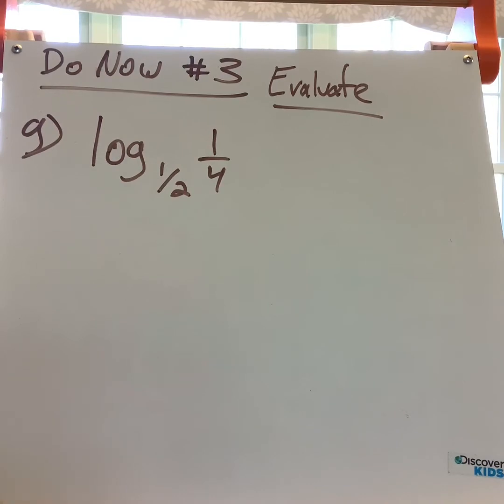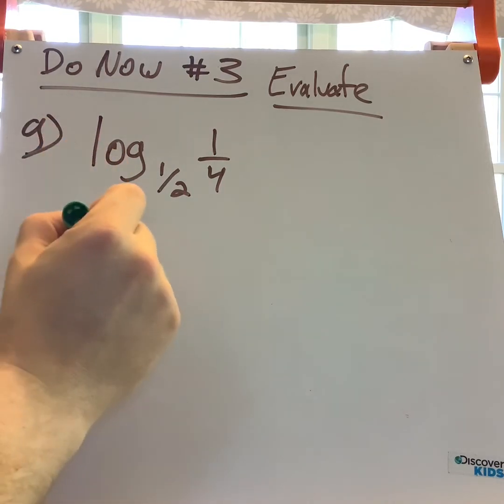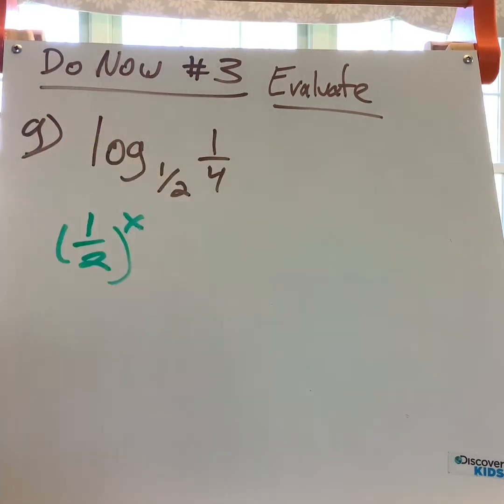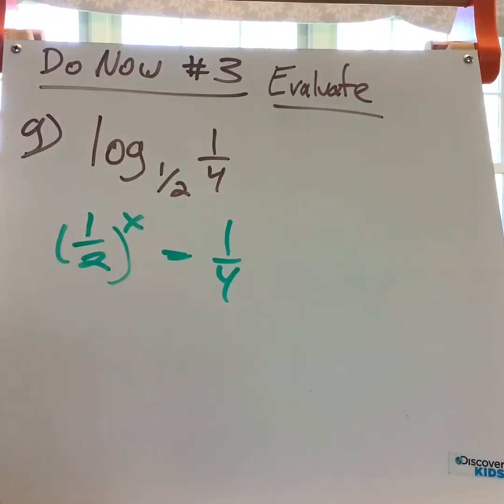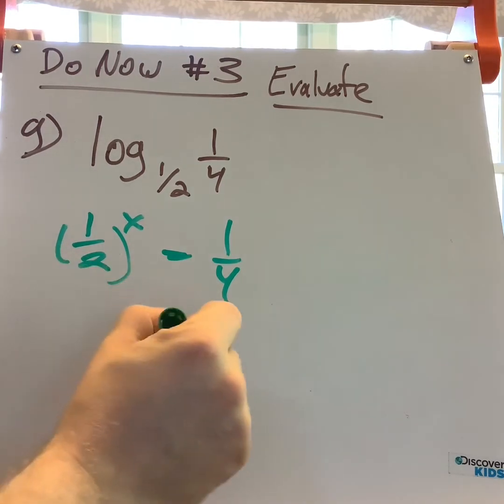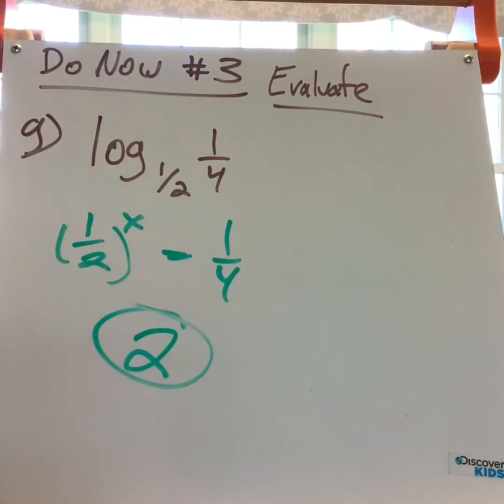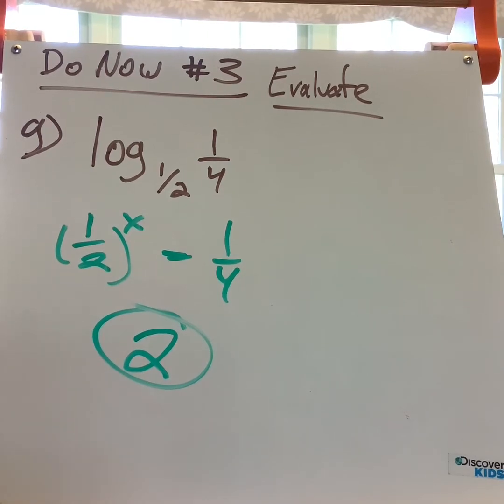But here, you're thinking, what is the exponent of 1/2 that gives us 1/4? So 1/2 times itself is going to be 1/4. So that's why x is equal to 2. This just means 1/2 to the 2nd power is equal to 1/4.